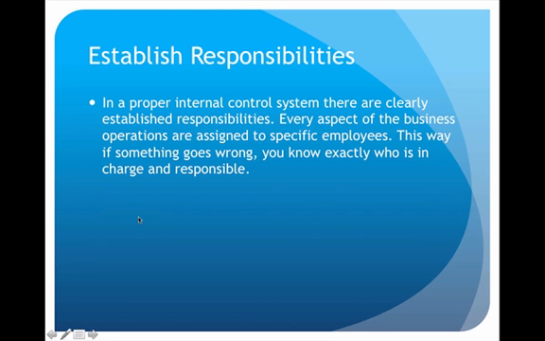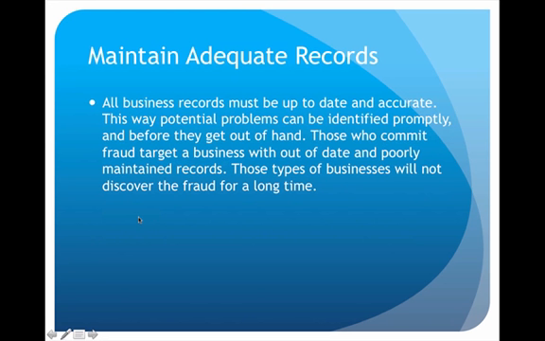Everyone has to know their role in the business. Everyone has to know what they're responsible for. That way, if there is a potential problem, something comes up that seems out of place, we know exactly who to talk to about that. We know exactly who is responsible. So that's a very important aspect of internal control.